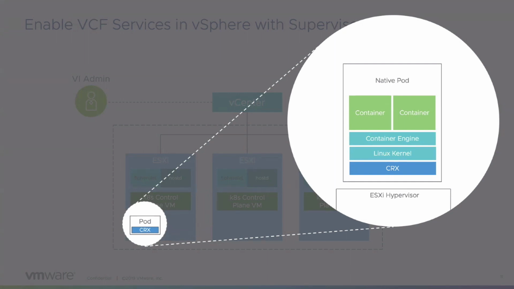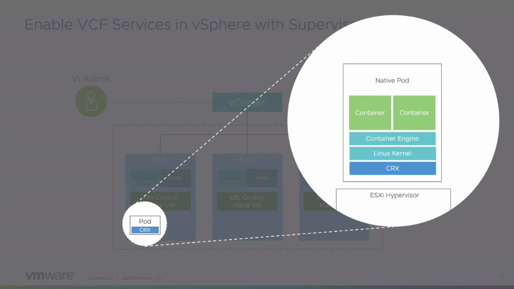We take the VMX, which is the process that registers a virtual machine on the hypervisor, and we optimize it for container workloads. We call that a CRX. On top of that, we put a thin-layer Linux kernel and then a container engine. This is your native container runtime on the hypervisor. Running your containers on this object gives you the benefits of security isolation, because from the hypervisor's aspect, multiple pods here are actually isolated by the hypervisor.